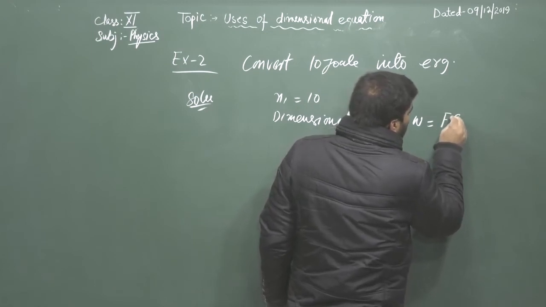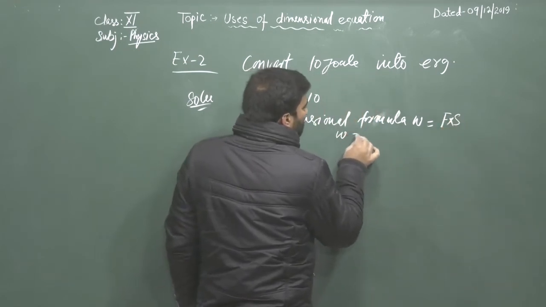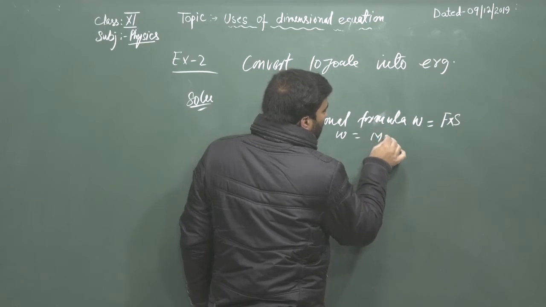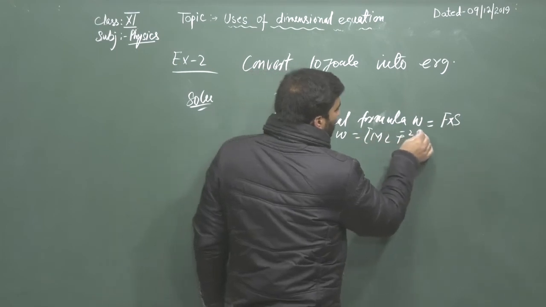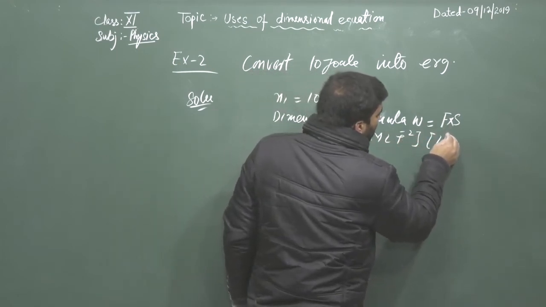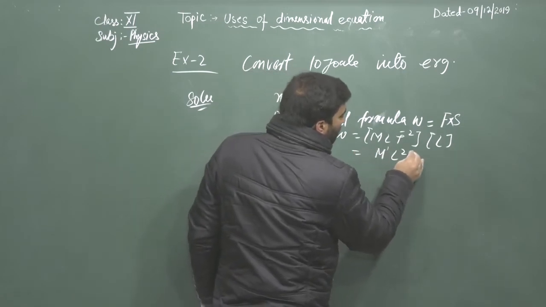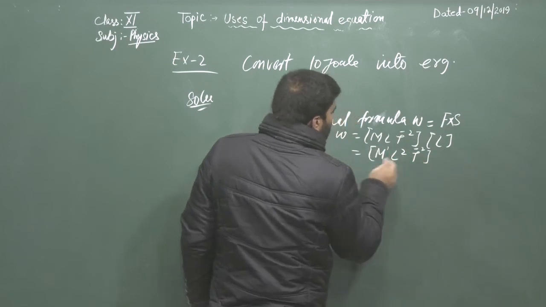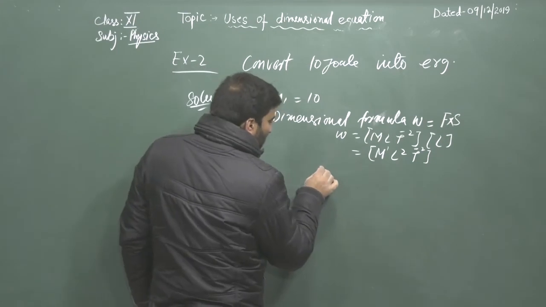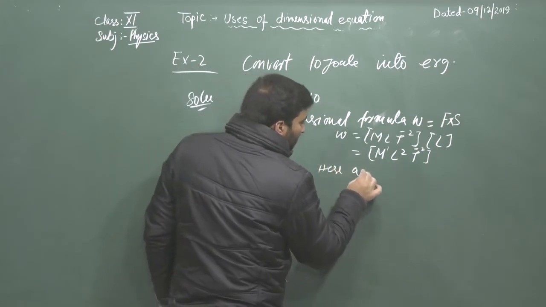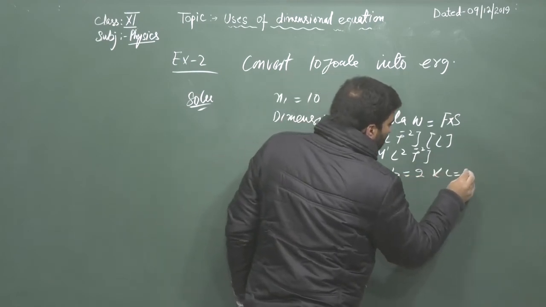The dimensional formula of force is M1 L1 T minus 2, into the dimensional formula of displacement, which is length, L. So we have M1 L2 T minus 2. This is the dimensional formula of work. From this formula we have A equal to 1, B equal to 2 and C equal to minus 2.